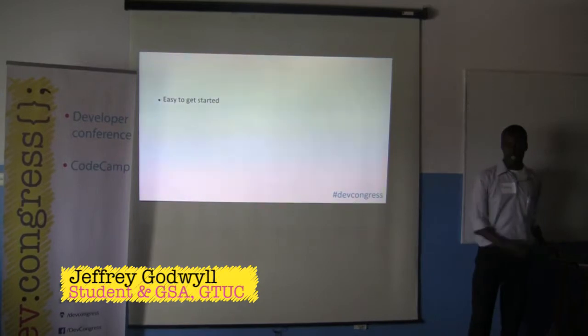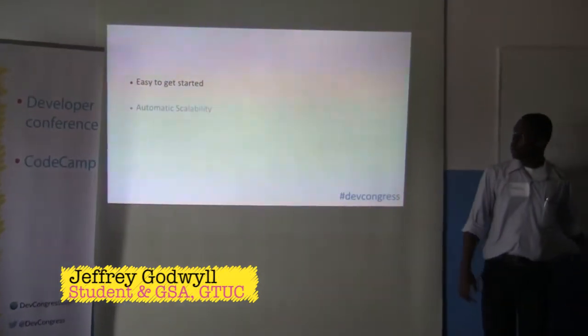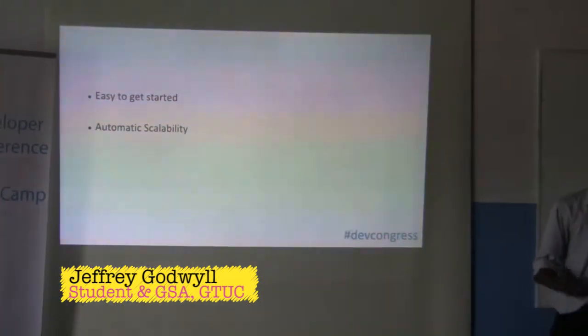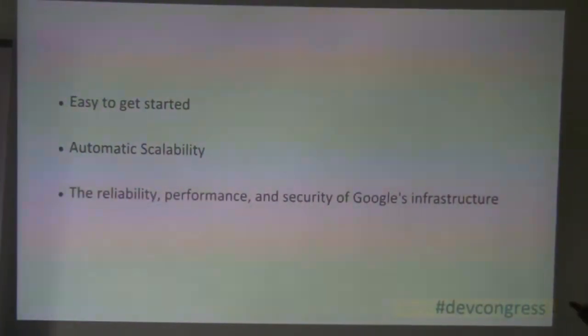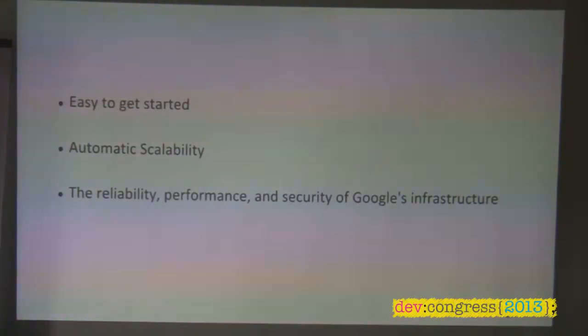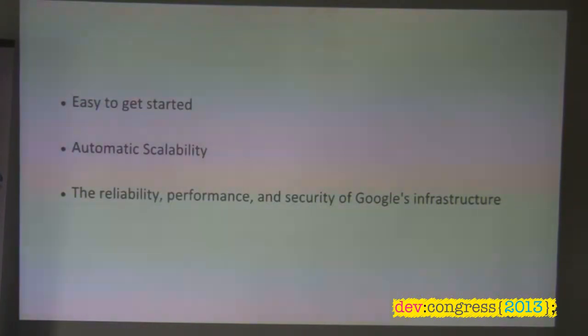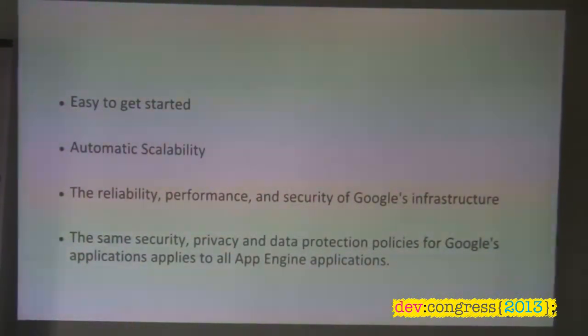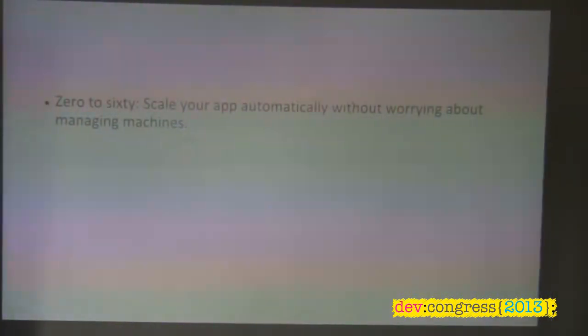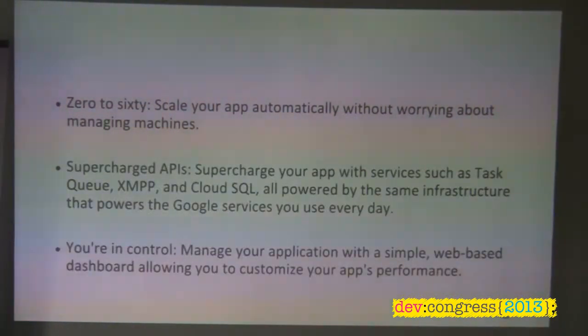It's easy to get started, like I'll show right now. Scalability, maybe you might not have those problems right now. It's reliable, it's secure, because there are a lot of issues with privacy of our data and all these things, but with the same policies that Google uses for their own applications, we can be sure that we have that same protection. And so scaling again.